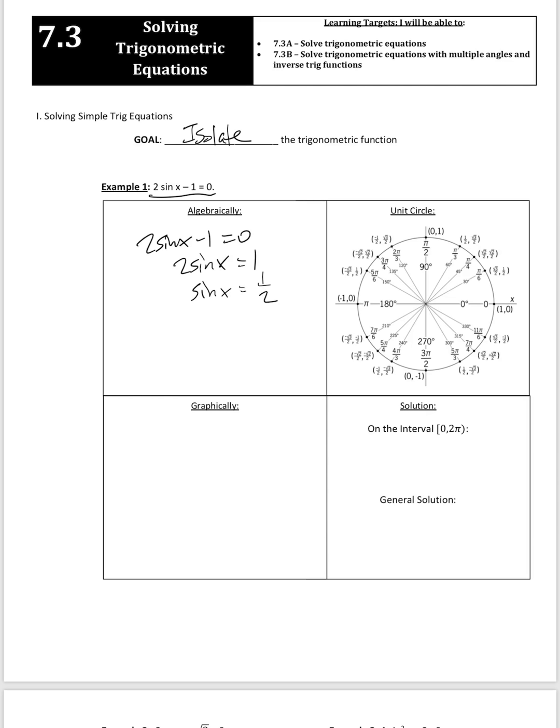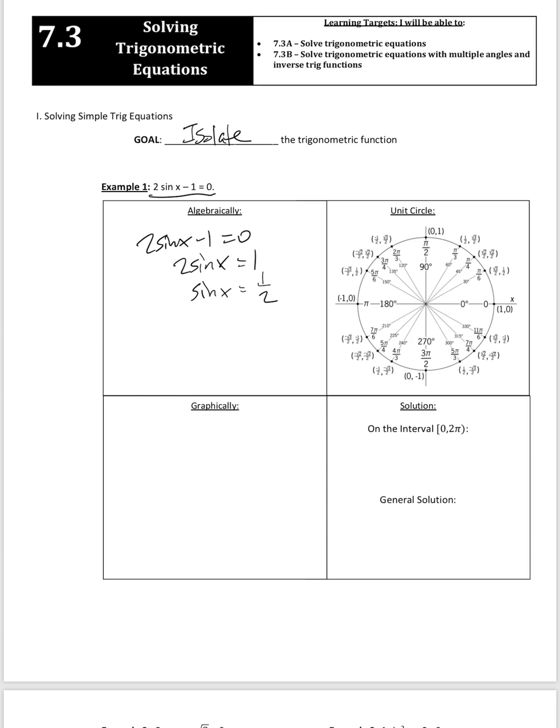Otherwise, we're going to look at the unit circle. So where does sine of x equal 1/2? Sine is y. So we're really asking, where is the y value equal to 1/2? And that happens at pi over 6, and that happens at 5 pi over 6.